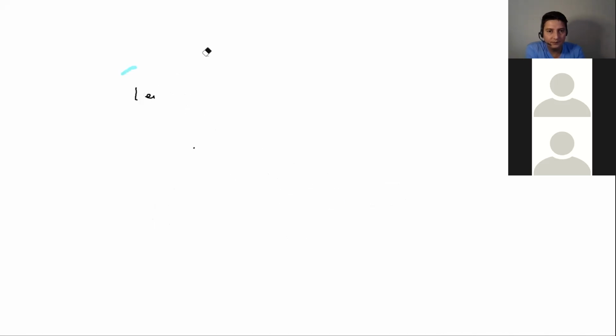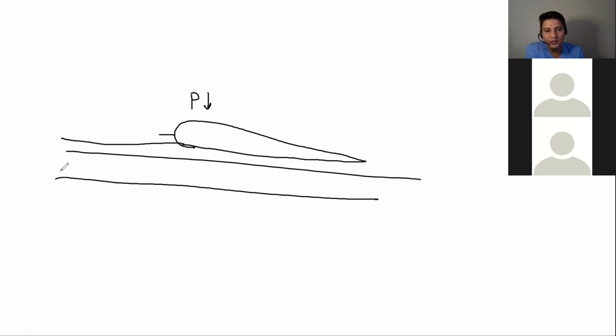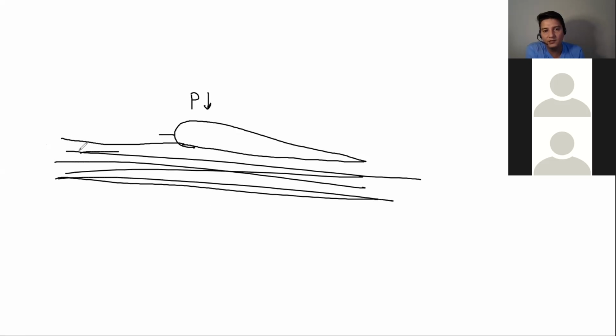Now we will draw the wingtip again. We concluded here the pressure is low. Now, if you see the bottom of the wing, here the air is coming. This is a venturi. Air is coming and flowing straight. There is no diversion, conversion, nothing.